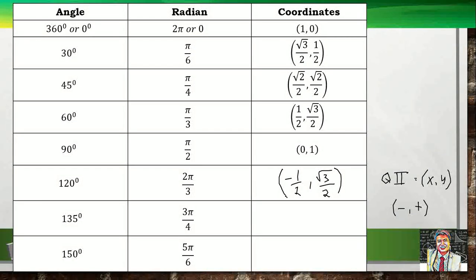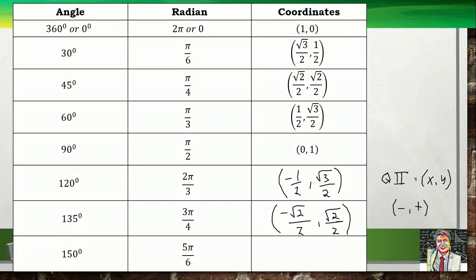Okay? How about 135 degrees? The reference angle of 135 degrees is 45 degrees. Wherein 45 degrees, ang coordinates niya is square root of 2 over 2 and then square root of 2 over 2. Ayan. Wherein 135 degrees is belong to quadrant 2, so therefore dapat negative ito.